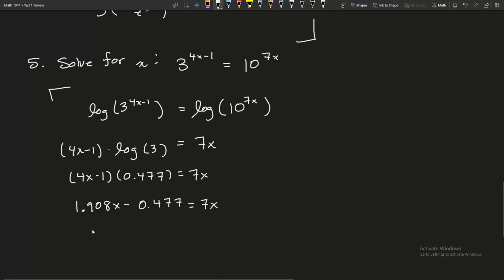So we want to move the 1.908x to the other side to collect our x's on the same side of the equation and leave the other number, the minus 0.477, alone. So on the left, we just have the minus 0.477. And on the right, we'll have 5.092x.